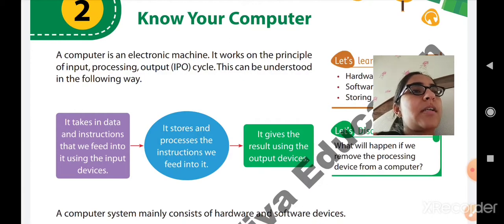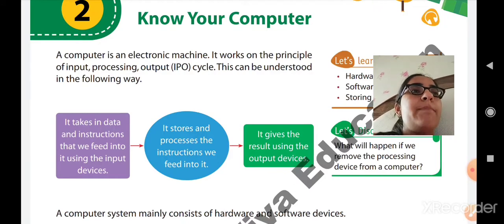There the process takes place, and finally it searches whether MS Word is present in the computer or not. If yes, then it shows the output. The output is shown in output devices like the monitor. If not, then an error message will be displayed on the monitor that the match doesn't exist.